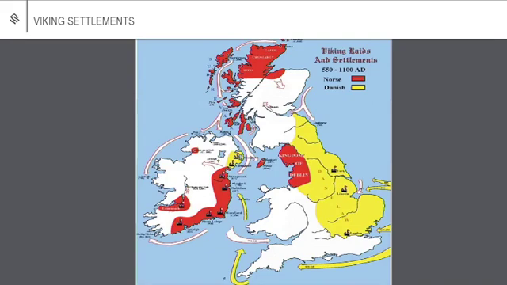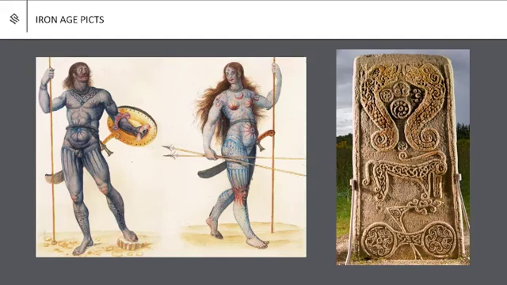So they first attacked the centers of wealth, which were easy, and monasteries proved to be the easiest targets because the monks and the priests did not fight back, obviously. So well before the Vikings arrived, we're going to have to talk a little bit about some of the other tribes that were there. In Scotland, there were the Picts, P-I-C-T-S.